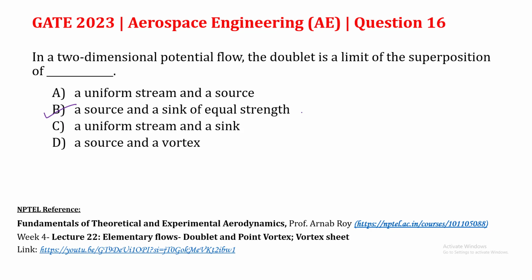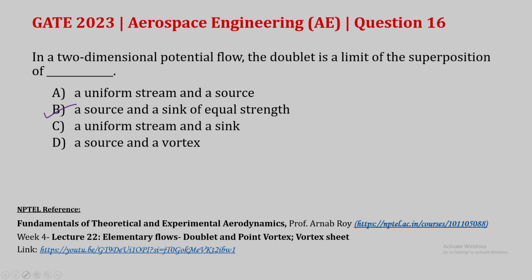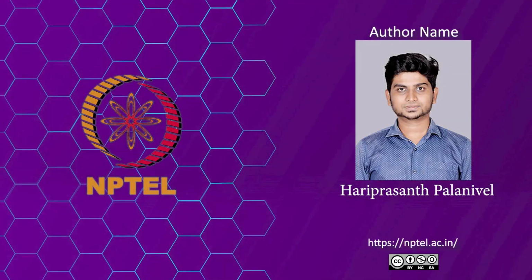Then uniform stream and sink is not a correct option, and for a source and a vortex, we don't see any vortex. That will come in the next video. If you see this video, you will get to know what the vortex is. That's all for this question. Thank you.